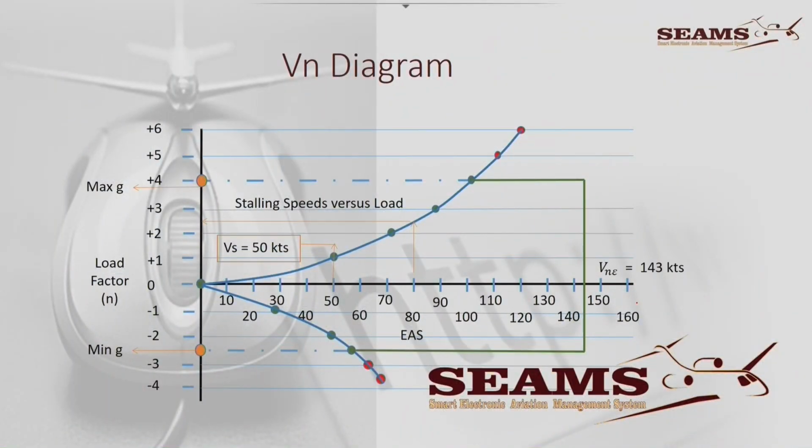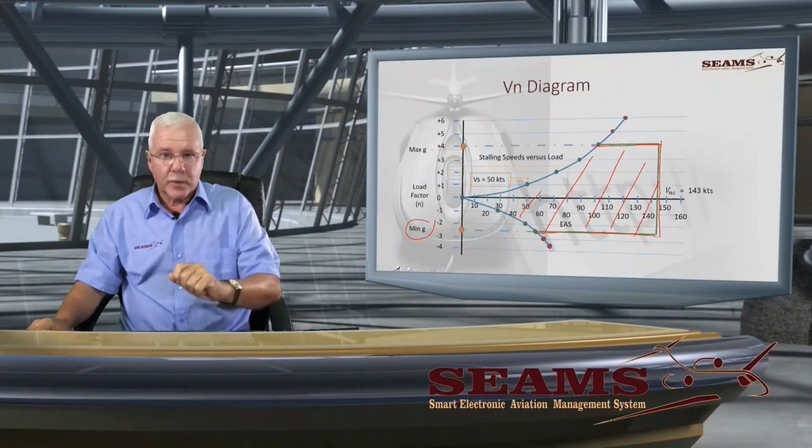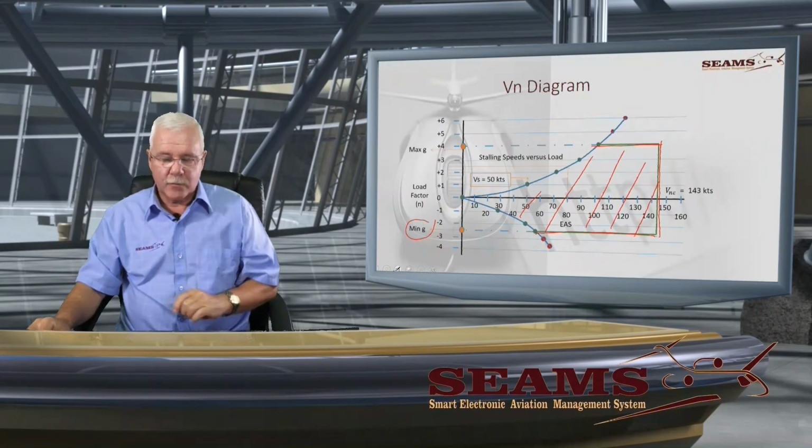Now, what I've done here is to look at the minimum G, that line in, the maximum G, that one, and here. And now all of a sudden you can see that is where we start the flight envelope. That is the part there that we are after.